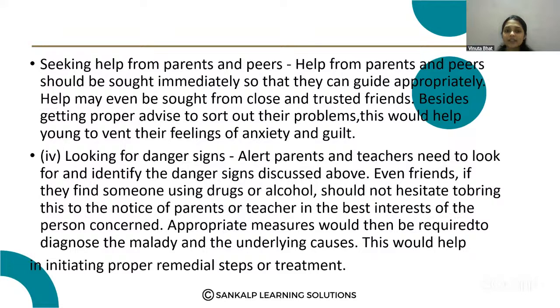And even friends, if they find someone using drugs and alcohol, should not hesitate to bring it to the notice of parents or teachers, in the best interest of the person concerned.